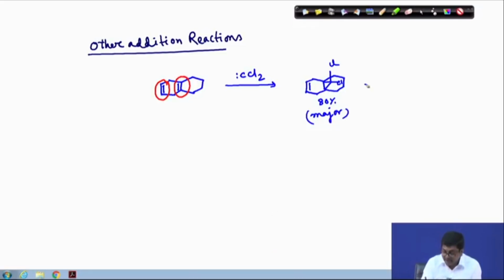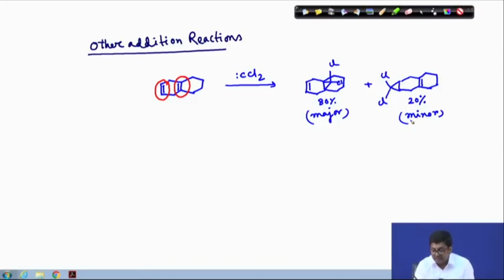Okay. And the minor product will be this. Okay. So, in this case it is obvious that as this double bond is not that much electron rich, this is giving the minor product, whereas this double bond is more electron rich, so this is giving the major product.